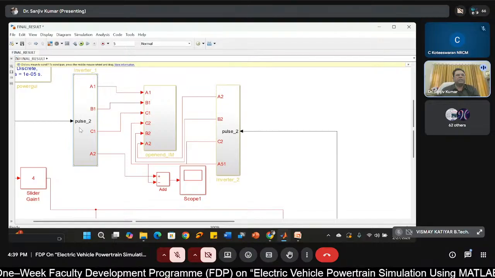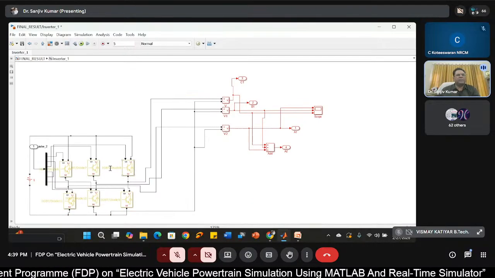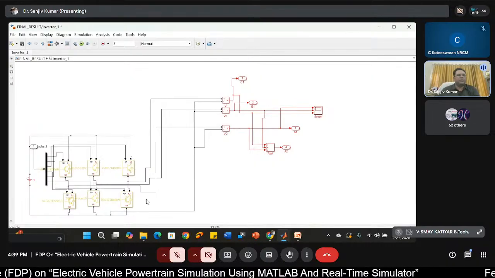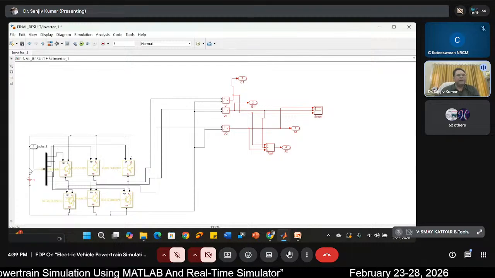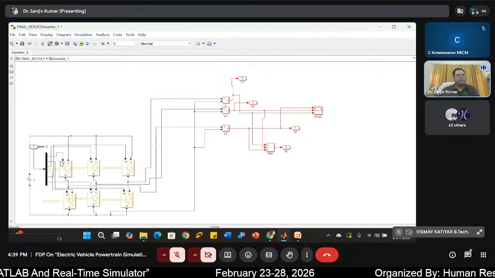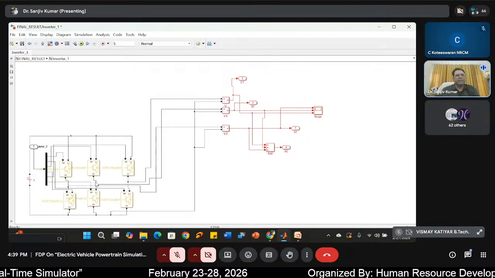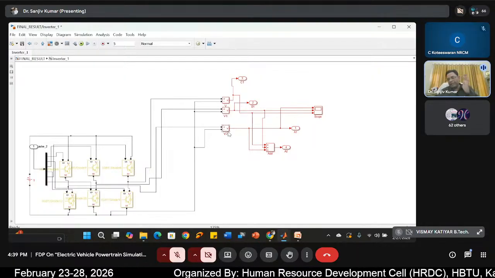Now just double click this block. Here all 6 devices 1, 3, 5, 4, 6, 2 and 1 DC link are there, and 6 pulses which are demuxed and go to all these devices 1, 3, 5, 4, 6, 2, and all pole voltages are measured.